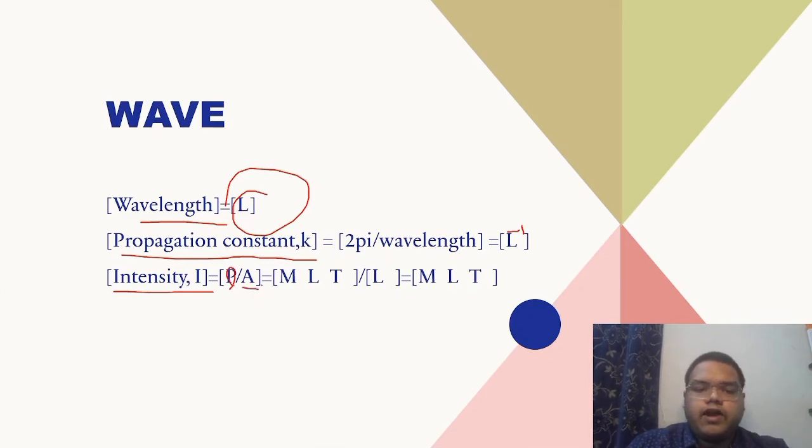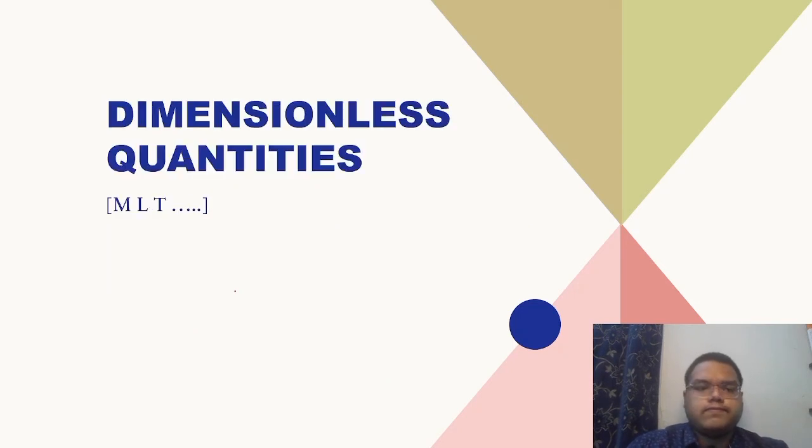So the dimension of power is M to the power 1, L to the power 2 and T to the power minus 3, and that of area is L square. So the resultant dimension of intensity will be M to the power 1, L to the power 0 and T to the power minus 3.